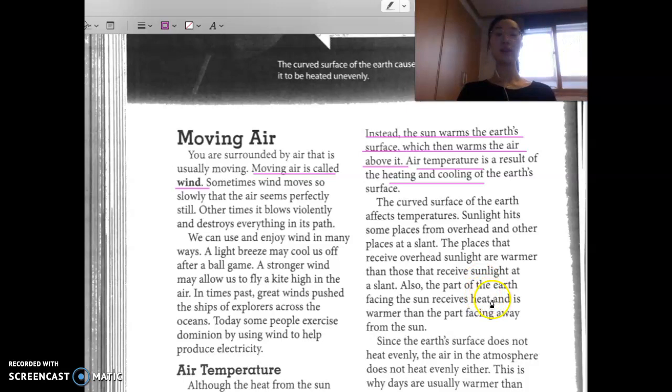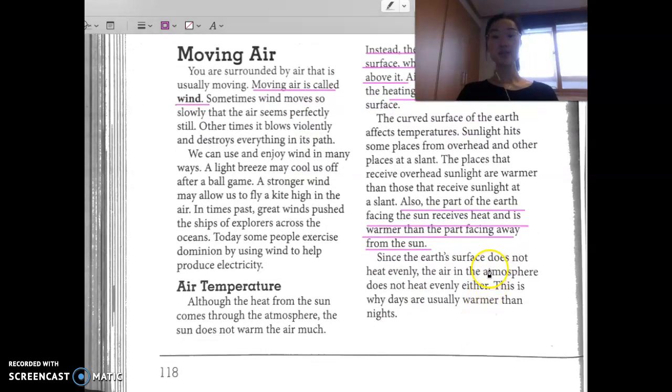Also, the part of the Earth facing the sun receives heat and is warmer than the part facing away from the sun. So we know this as the Earth rotates, the part of the Earth that's closer to the sun is warmer, obviously, and then when it turns away from it, it gets colder. Since the Earth's surface does not heat evenly, the air in the atmosphere does not heat evenly either.